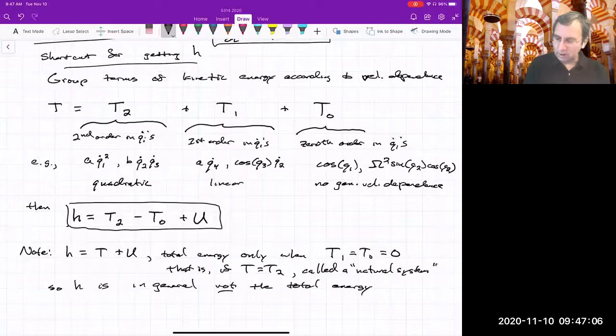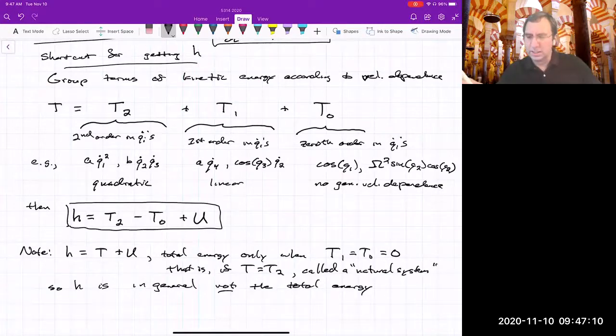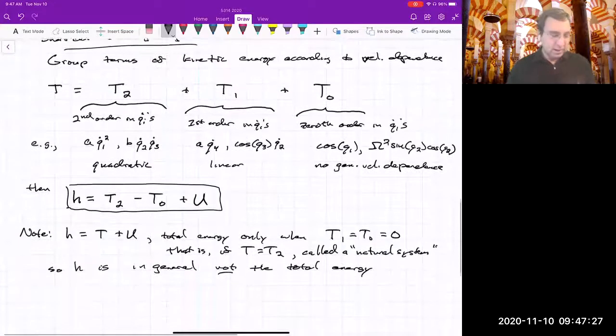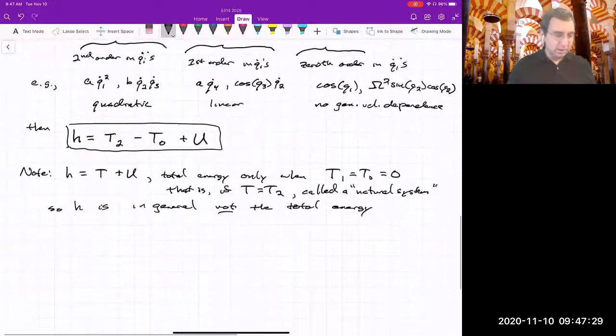And often that's because, you might think, where are we picking up these T1 terms or T0 terms? If you're viewing something in a rotating frame, you'll often get terms like these. And then it makes it difficult to intuit what's going on. So let's look at an example that's got all this flipping around and switching, and use the Jacobi constant.